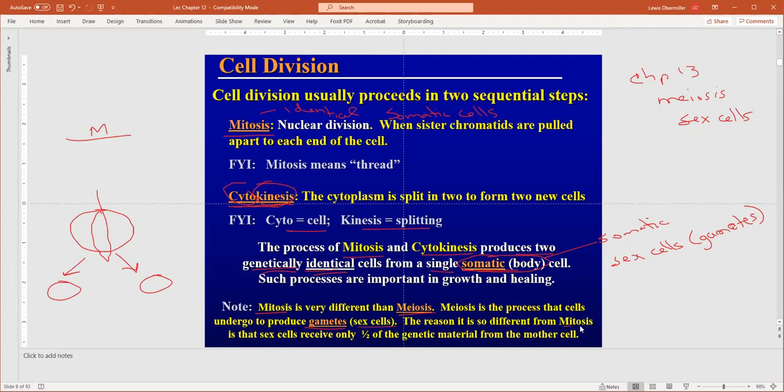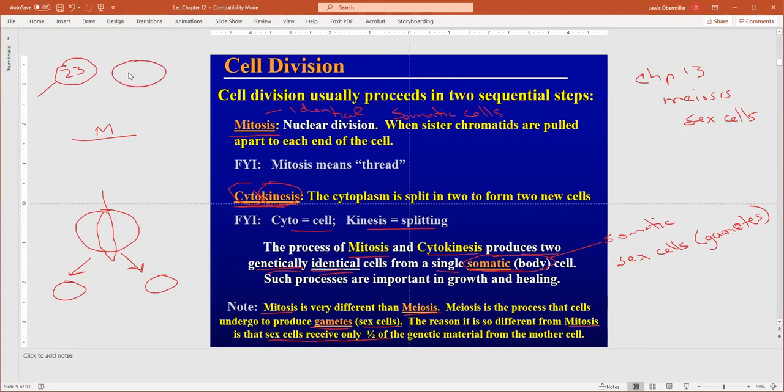And mitosis has 100% of the genetic information, but sex cells only get half, because when the sperm fertilizes the egg, when they come together, we have to have 46 chromosomes. If this one didn't have half the amount of DNA, if it had 46 and 46, you'd have 92. And that means you'd have four number 1 chromosomes, right?